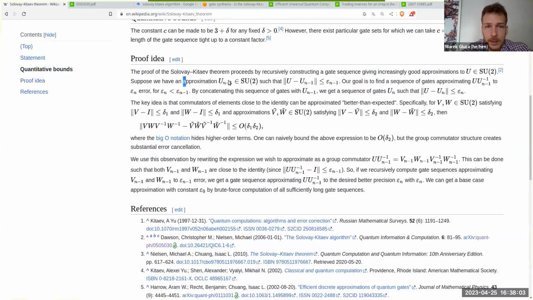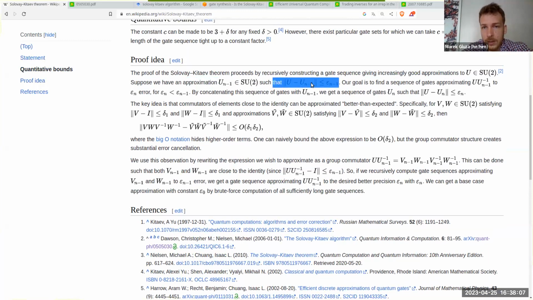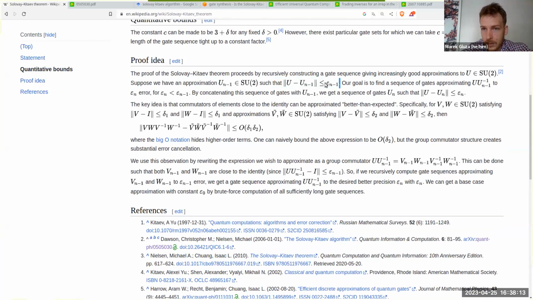So let's say we already have some approximation to the unitary, exactly what I was saying, at some level epsilon n minus 1, okay, at that previous step. It's an inductive iteration. So basically Solovay-Kitaev you should understand as an amplification algorithm, amplification of how well you're approximating the target unitary.